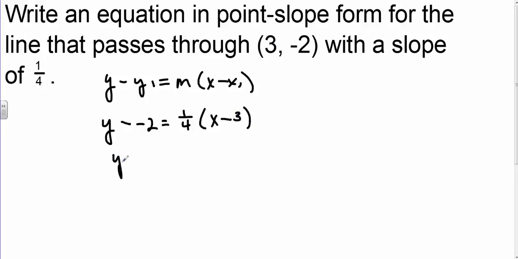And then we simplify it to be y plus 2 is equal to 1/4 times x minus 3. And you've done the job. That is the point-slope form for the line that passes through that point with that slope.